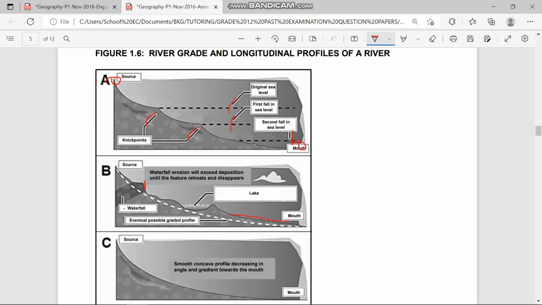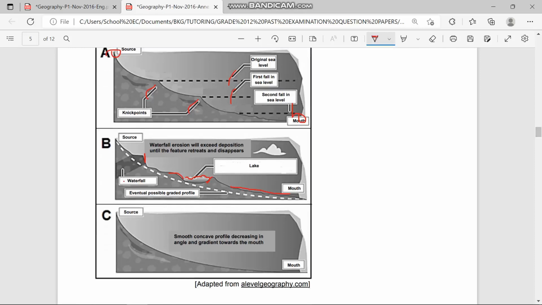We have a lake here, which is caused by this steep slope and a steep slope on the outlying. At C, diagram C, we have a very smooth concave profile, decreasing in angle and gradient towards the mouth. So it's smooth here.